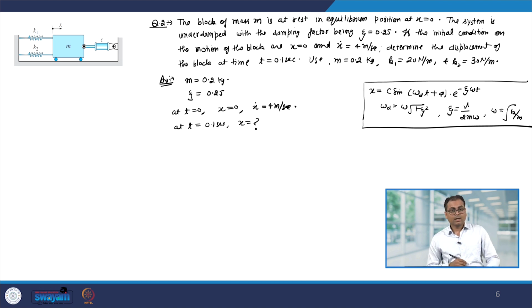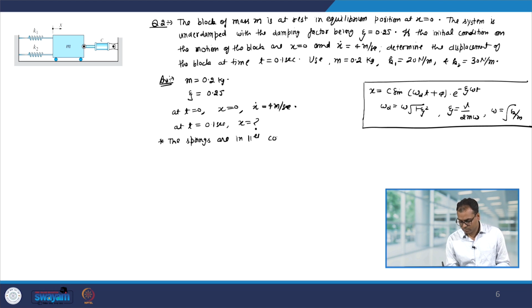Okay. So, previously we had one spring, in this problem we have two springs and they are connected in parallel. We know that when springs are connected in parallel, the spring constant k will be k1 plus k2.